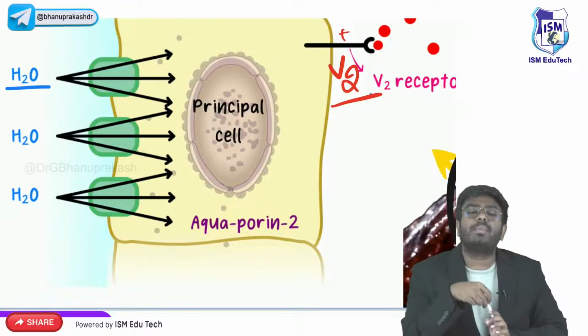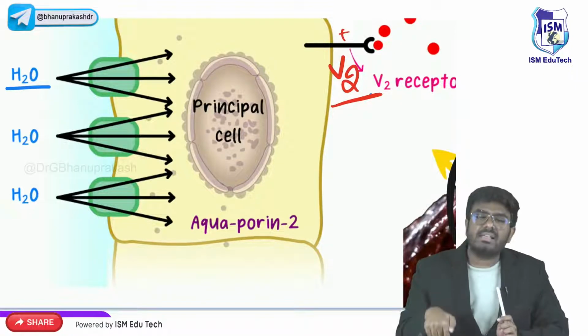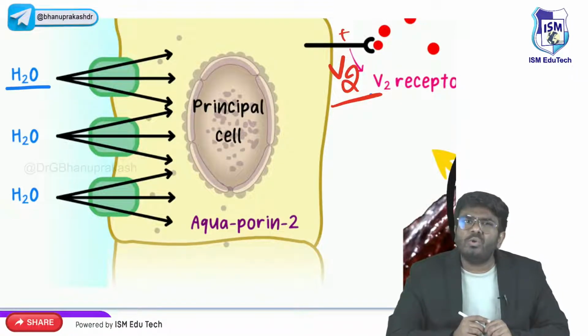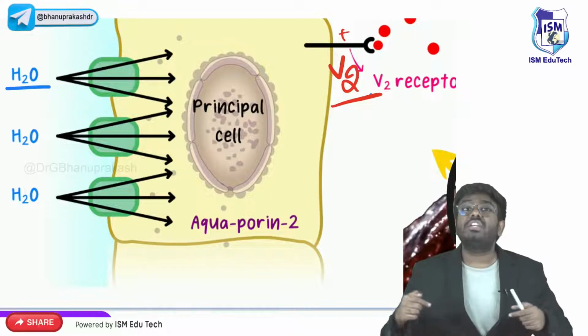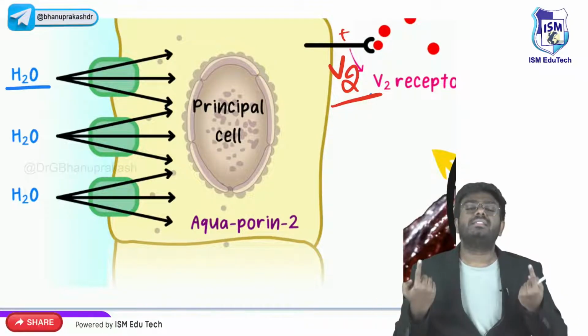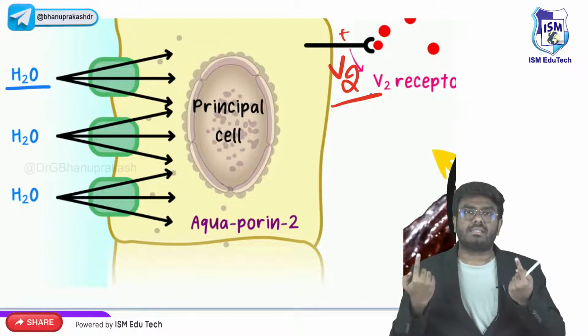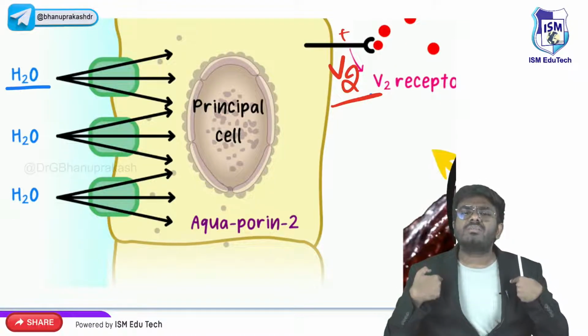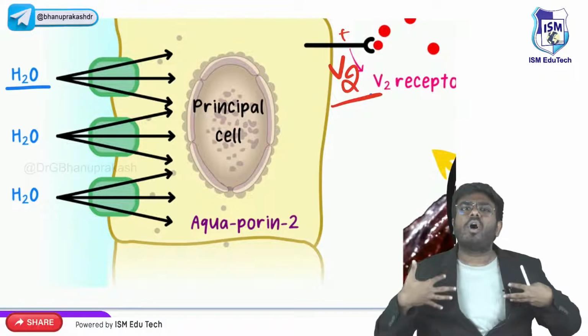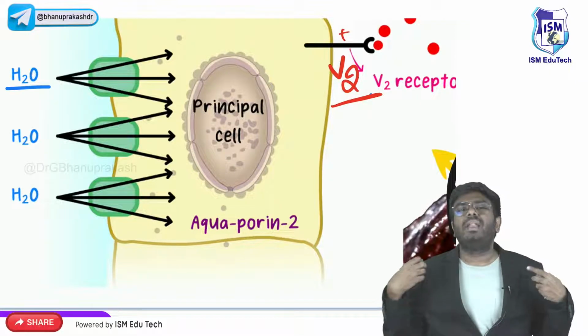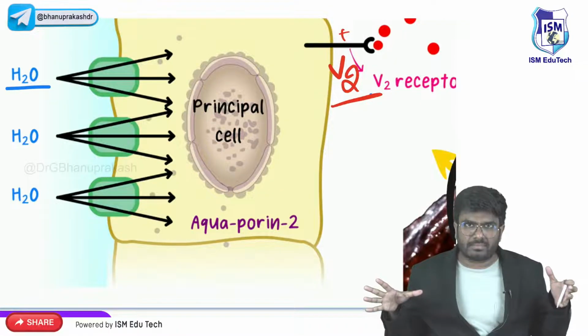So in SIADH, the patient is going to have less urine volume, oliguria will be there. The urine is going to be in a concentrated form, or his urine concentration increases, the urine osmolarity increases. But what about the plasma osmolarity? Decreases. More and more water is being reabsorbed, so blood is more like liquid water, right?